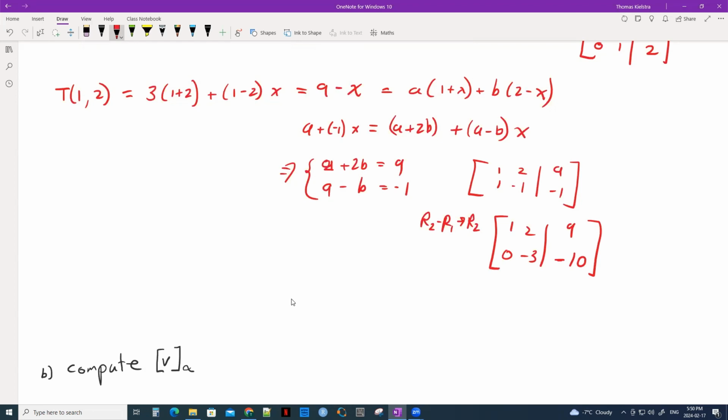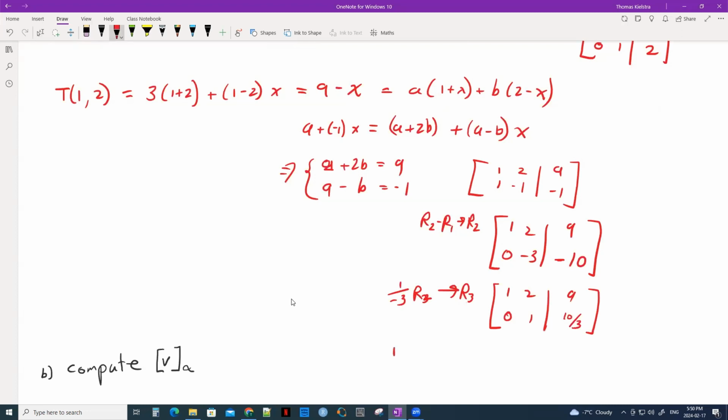And now we're going to take R2 and multiply by 1 over minus 3, put that back into R2, and we get 1, 2, 9, 0, 1, 10 over 3.